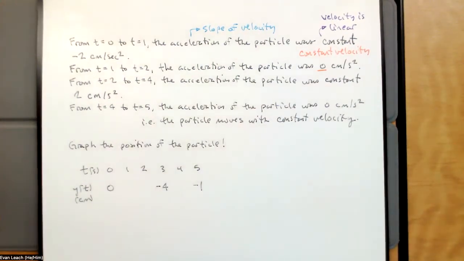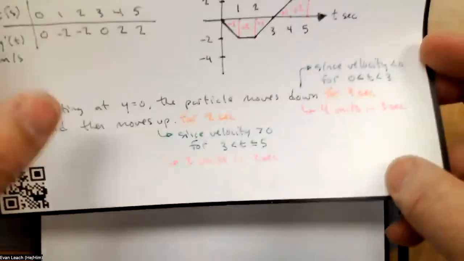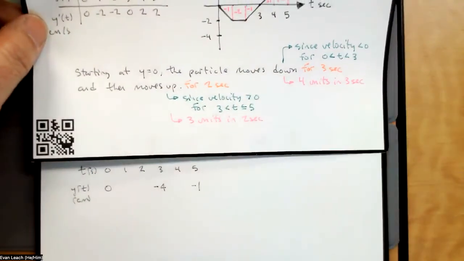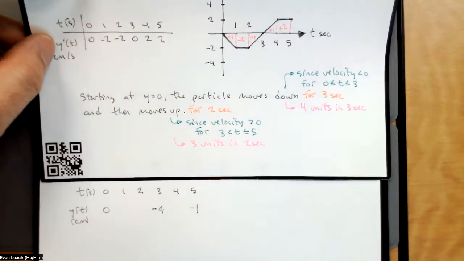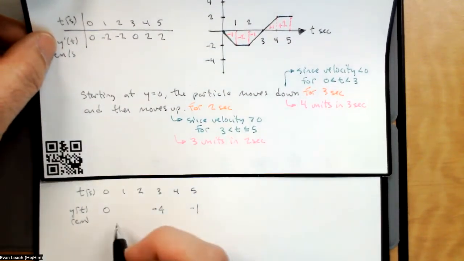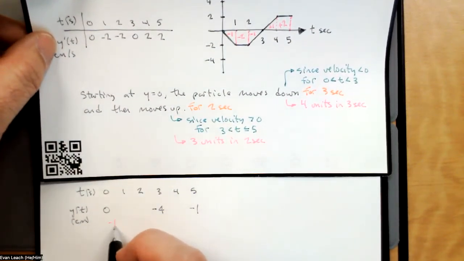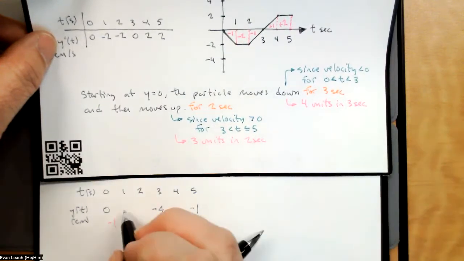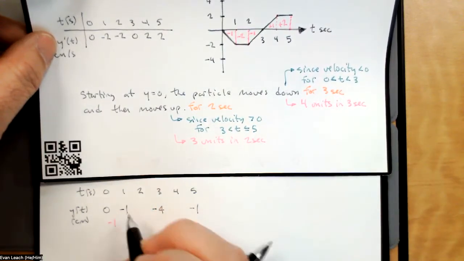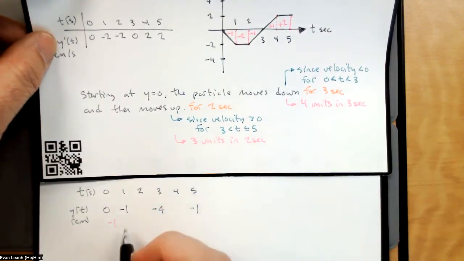But we can get more detail than that because we labeled all the different smaller changes in position. So in the first second, the particle was moving down and its position decreased by 1. So 0 minus 1, it's at -1. From 1 to 2 seconds, the position decreased by 2.